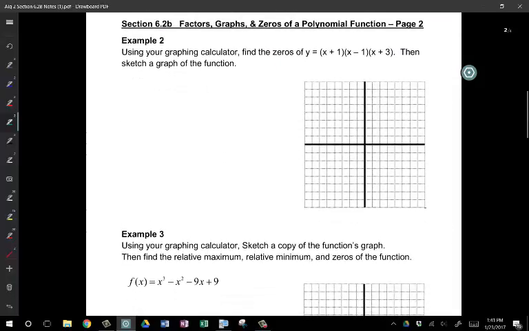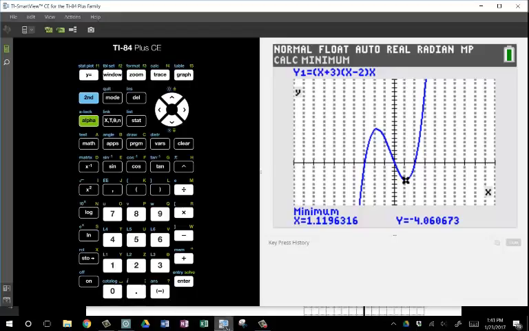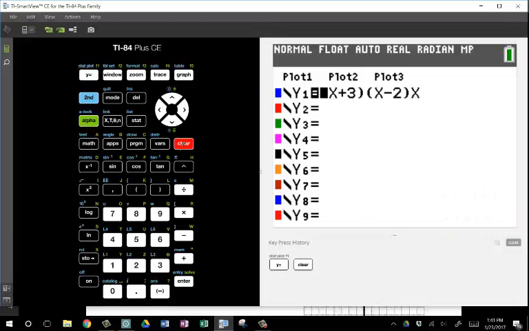Now, we're going to take our graphing calculator and we're going to graph this equation. So, take out your calculator and we're going to graph x plus 1 times x minus 1 times x plus 3. I'm writing on the board just because I need to get a look at it. So switch to your calculator, and let's go to y equals, and whatever happens to be in there, I'm going to clear it out.